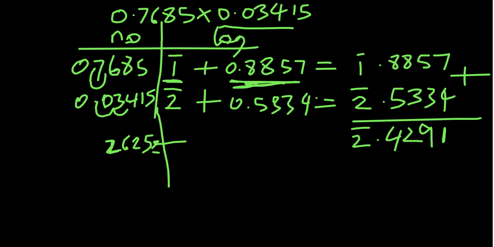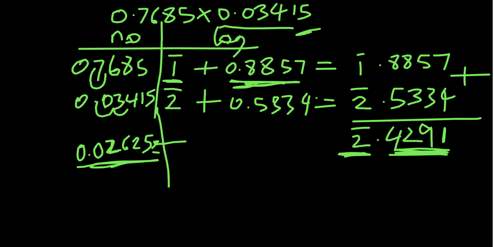So what are you going to do with the characteristic value? Remember, we just got the anti-logarithm of this number using the mantissa value. We use the characteristic value to denote where the decimal point is going to be, and because it is bar 2, it is going to be 2 zeros before the number, so you have 0.002626. So this is the answer to this question.